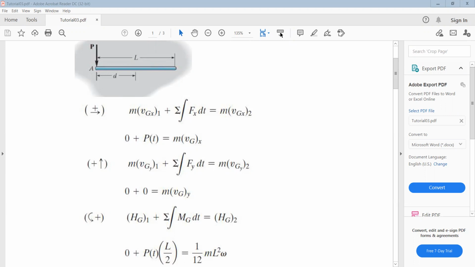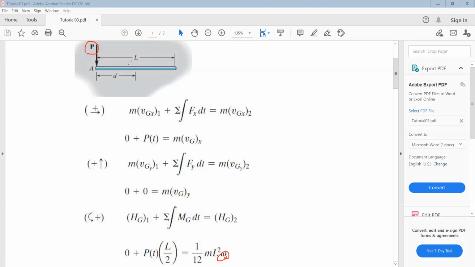So we obtain the third equation from the angular momentum. So we continue from angular momentum. When you want to use the angular momentum impulse equation, we extract a relation between this force P and the angular velocity omega.